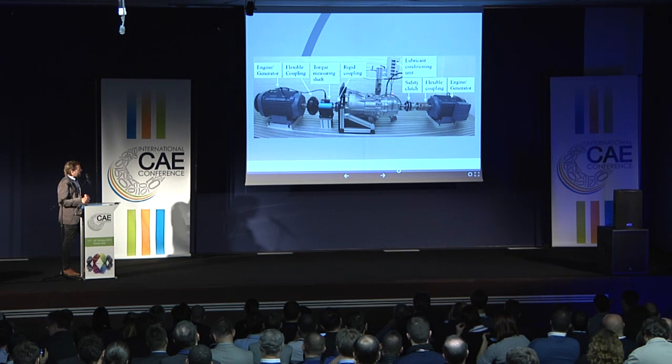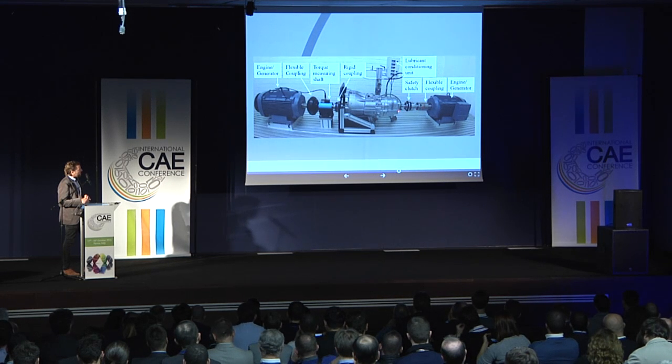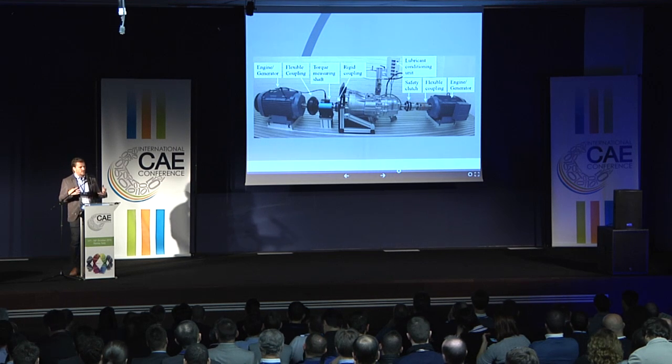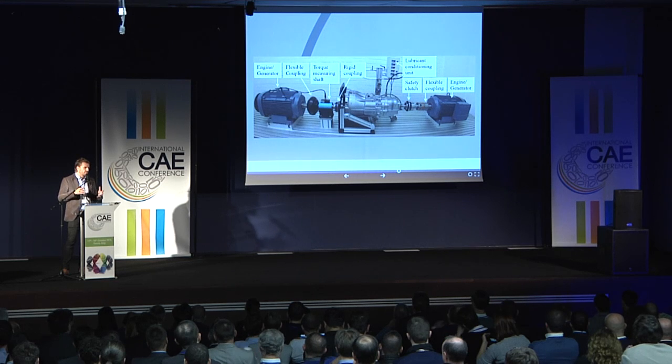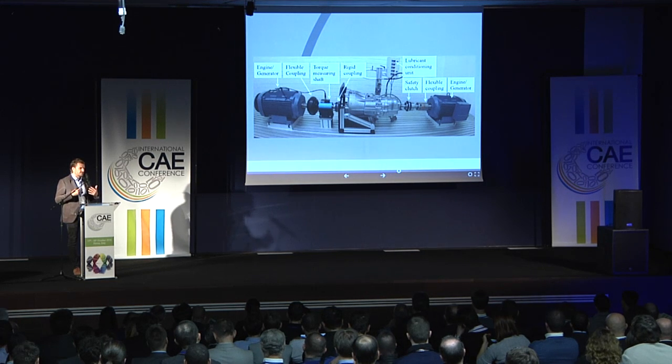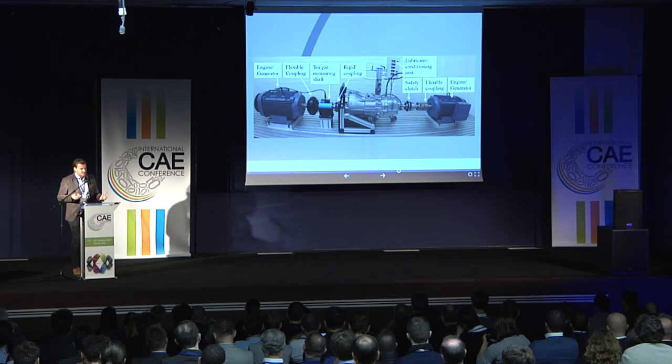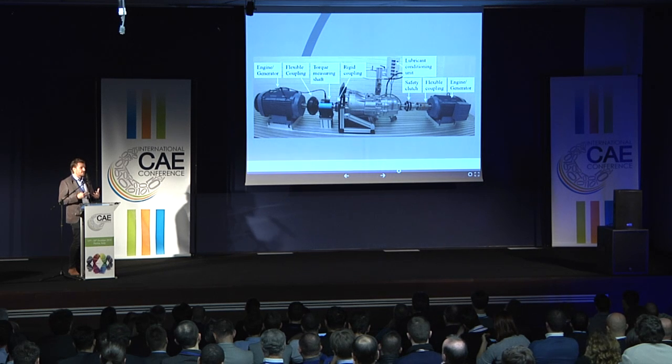This is the actual gearbox, as you know it from slides before. In the back of the test bench, you cannot see the tank, there is a lubricant conditioning unit. So we have oil which is heated up. We can set the temperature of the oil which lubricates the gear wheels. And we can set different viscosities of the oil, and investigate the influences on the sound radiation and on the dynamic bearing forces.